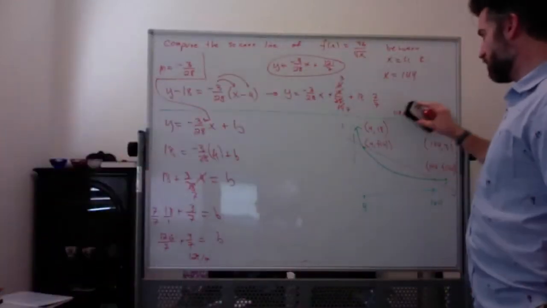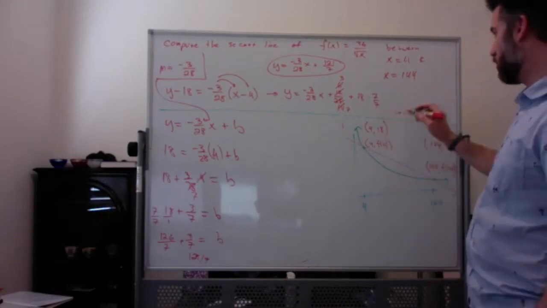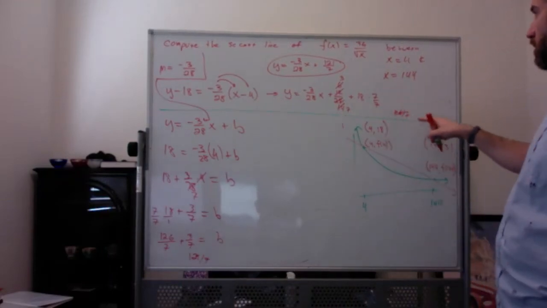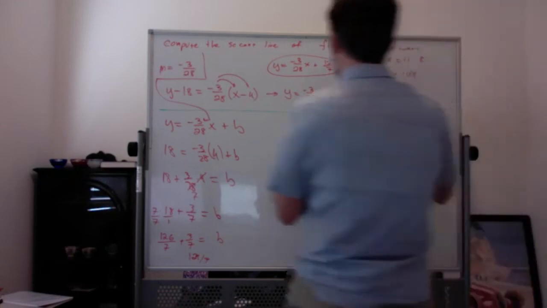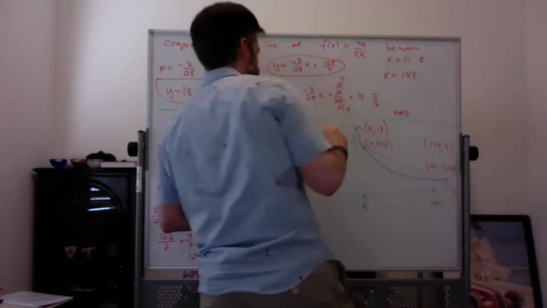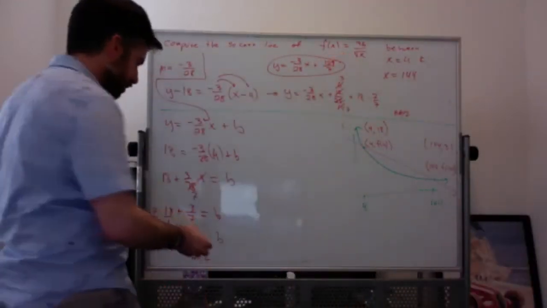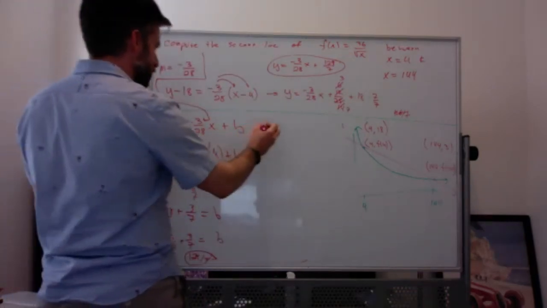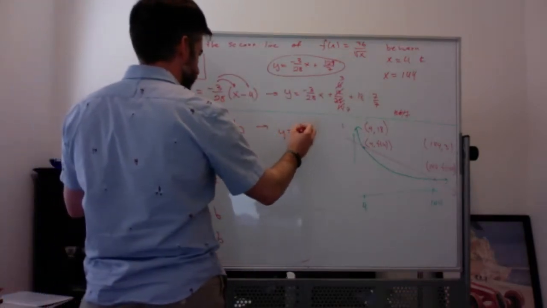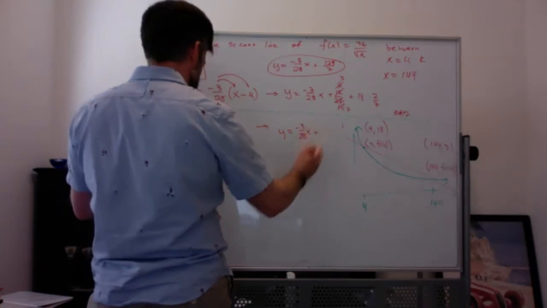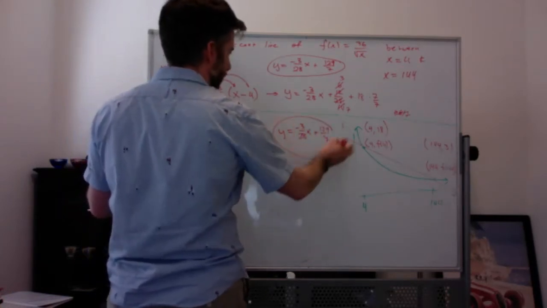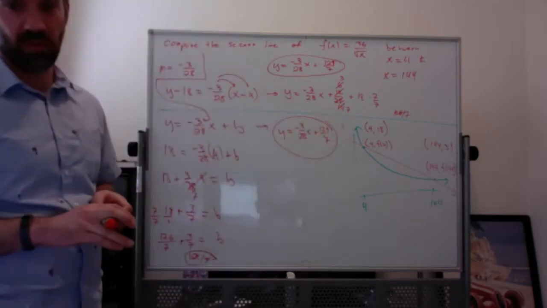This 18 times 7 should have been 126 sevenths, which means I should have gotten 126 plus 3 is 129 sevenths. Sorry about that. So we would get b equal to 129 sevenths, and we could plug it back in and say, oh yeah, we've got y equals negative 3/28 x plus 129 sevenths. Either way of doing this is fine. It's really just a matter of personal preference.